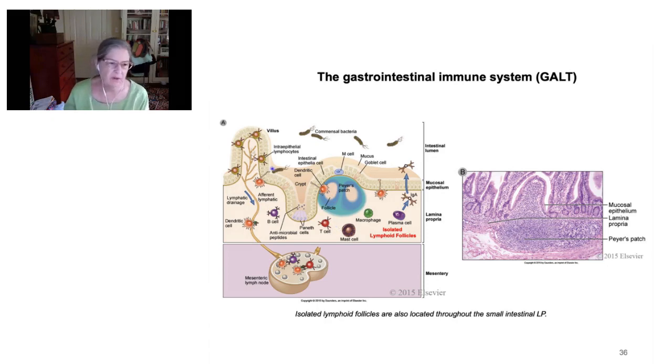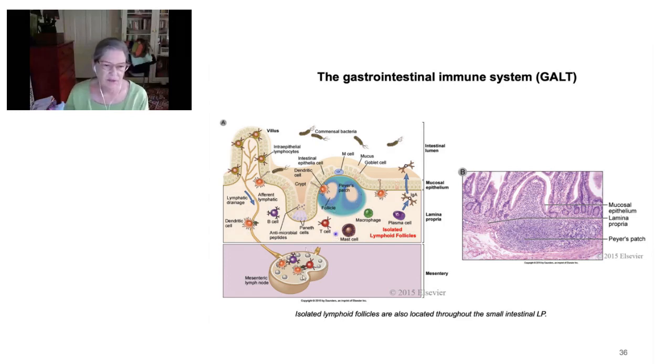Anyway, the point is that dendritic cells can get activated in the tissues or in the Peyer's patch, and go to a mesenteric lymph node or set up a little immune response right in that Peyer's patch.